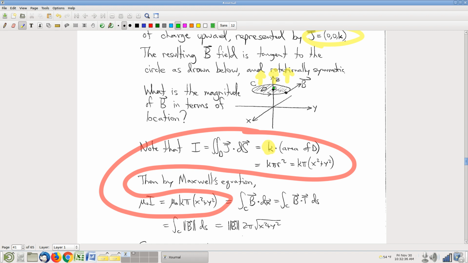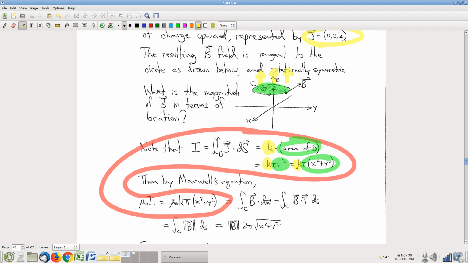This disk that they're flowing through has area, which is just pi r squared. So an easy calculation there of the flux.